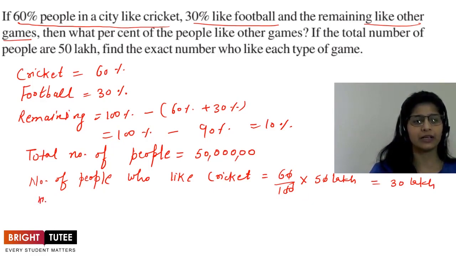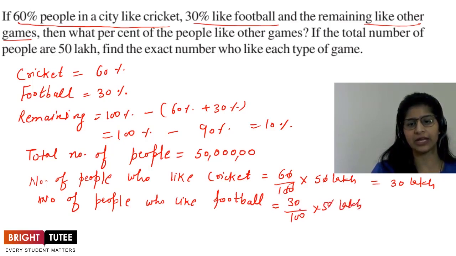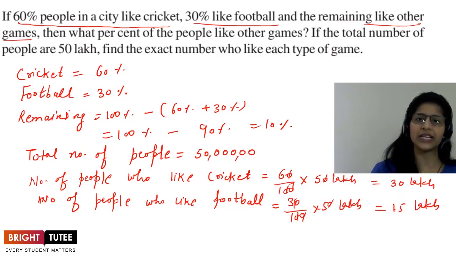Then number of people who like football, right? Number of people who like football is how much? 30%. 30% of 50 lakh. If we calculate, again zeros would cancel. 15 lakh, right? 30 plus 15 is 45.